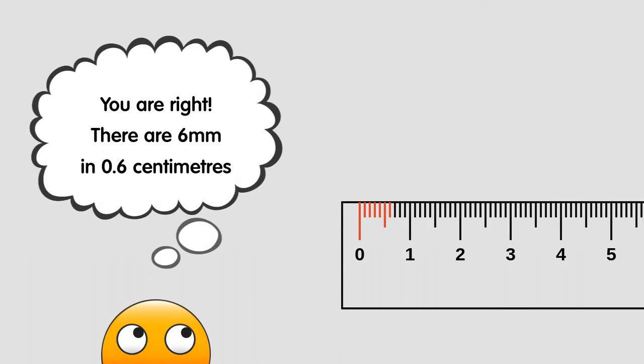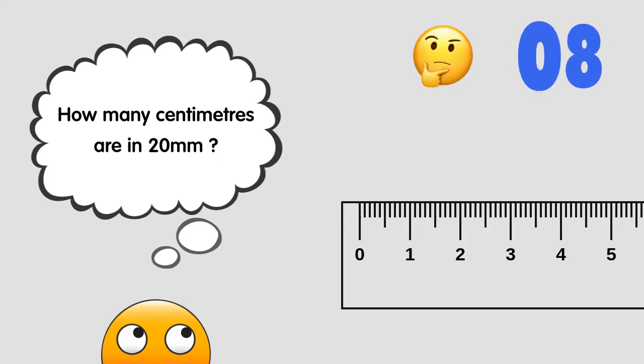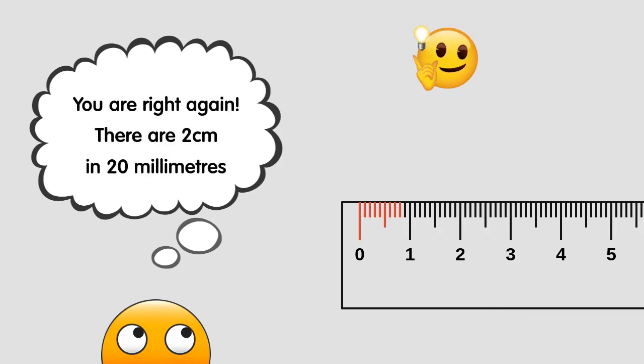There are 6 millimeters in 0.6 centimeters. How many centimeters are in 20 millimeters? You are right again. There are 2 centimeters in 20 millimeters.